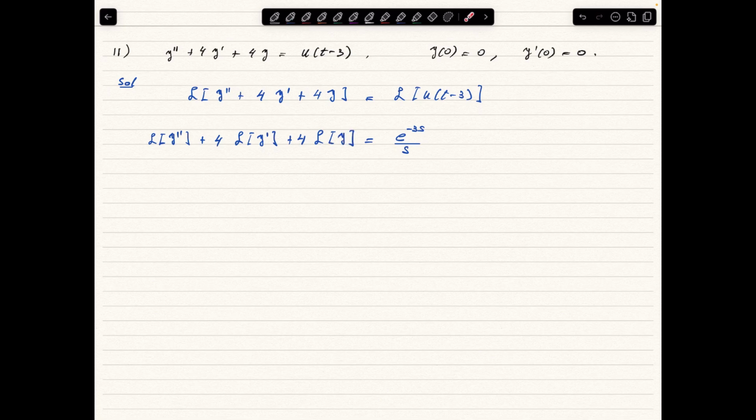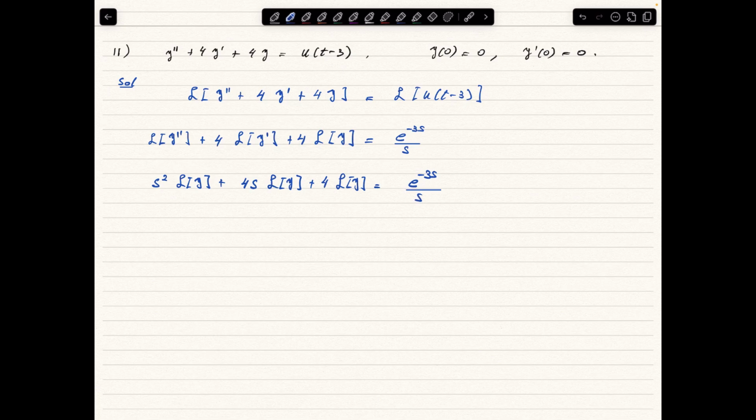And now, since the initial conditions are both 0, this is just s squared Laplace transform of y plus 4s Laplace transform of y plus 4 Laplace transform of y. And recall this is equal to exponential negative 3s over s.